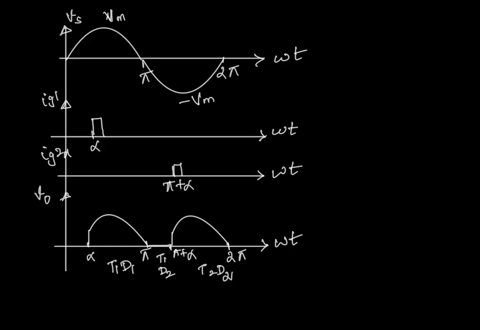From 0 to alpha, we will have the freewheeling interval. The devices which are conducting will be T2 and D1. So this is the output voltage waveform.